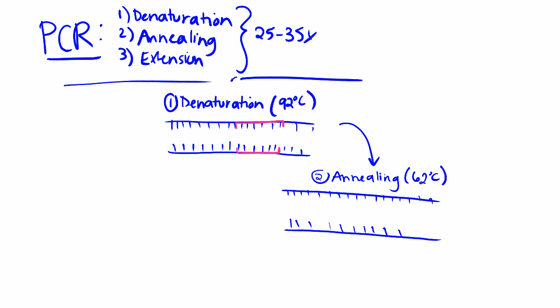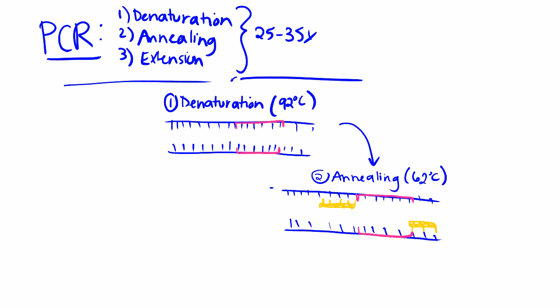So, once again, we still have these separated strands, we still have these sequences of genes that we're trying to amplify, but now we add a third component, primers. Primers bind to the beginning and ends of genes. And they're kind of like markers, starting points and ending points for our actual DNA replication.